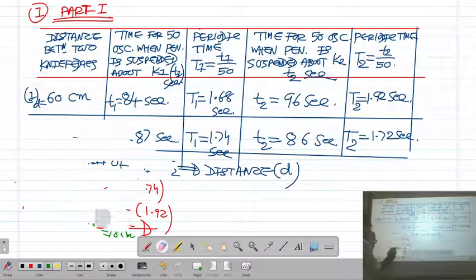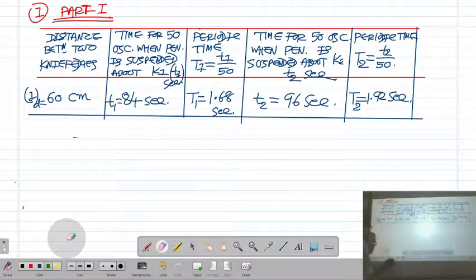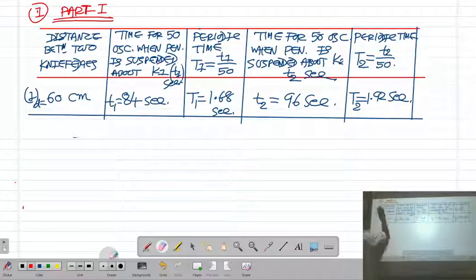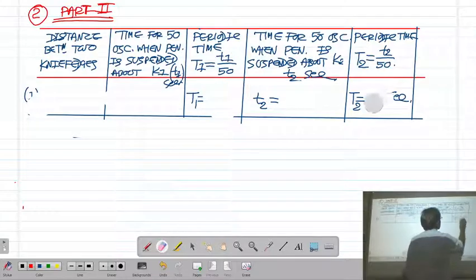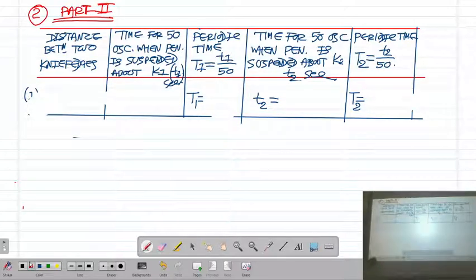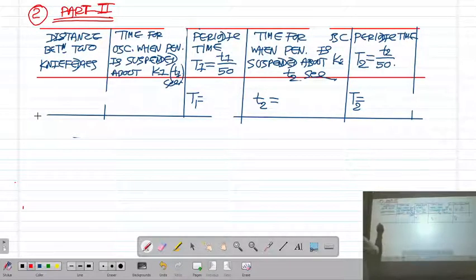In part 2, the distance between two knife edges is 78 centimeter from the graph.